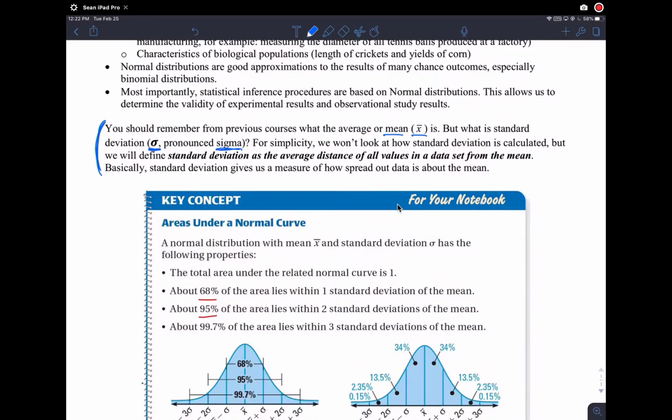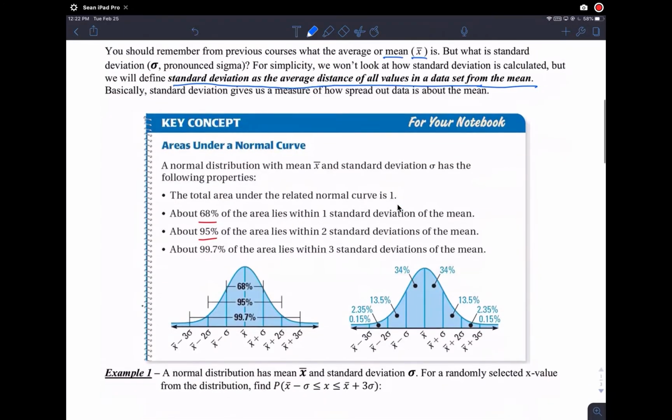You make like a little circle with a squiggly line at the end, sigma, and that basically just tells you on average, okay, standard deviation is the average distance of values in a data set from the mean. Okay, so if I see how far all these values in this distribution lie from the mean, and I calculate basically the average distance that all of them are away from the middle or from the mean, we call that distance standard deviation.